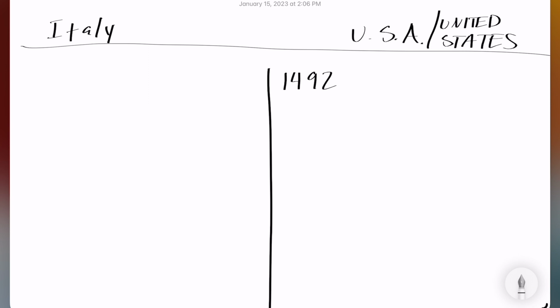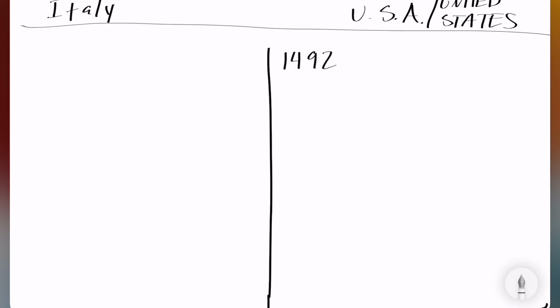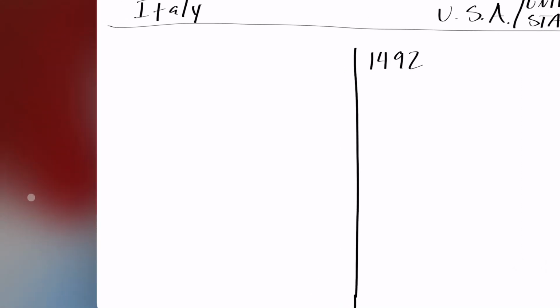All right? But I would like for us on the right, I want us to write the United States of America. All right? Because these are the two nations that we are going to look at together. We're going to look at their histories together in making our timeline. Okay?